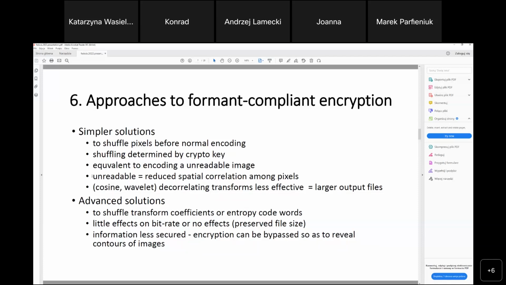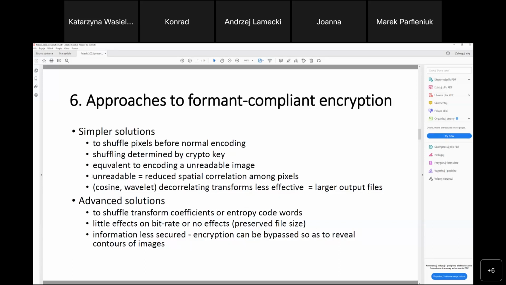However, in this solution, unreadability of images comes at the cost of reducing spatial correlation among pixels. So the correlating transforms like DCT, discrete cosine transform, and wavelet transforms work less effectively. In a short word, such approaches produce larger output files: encrypted files are larger than files obtained without encryption.